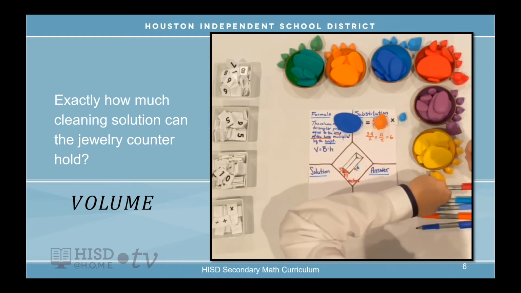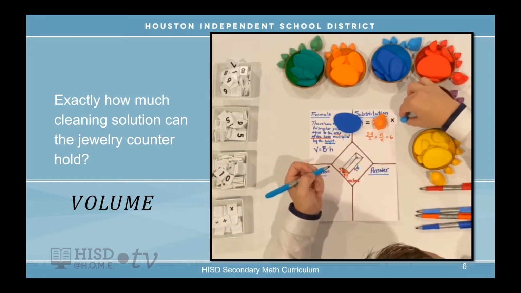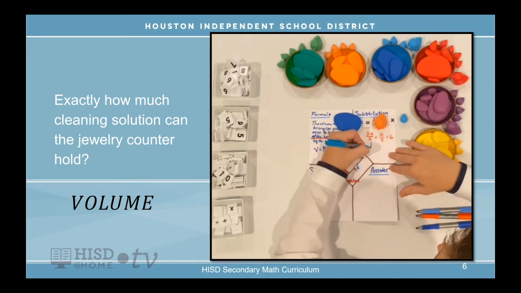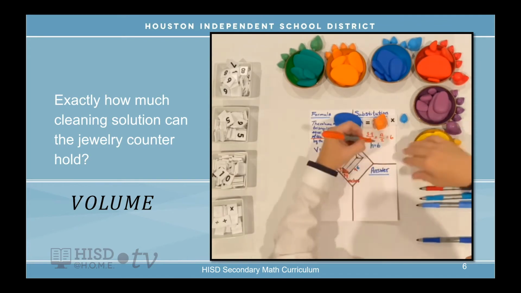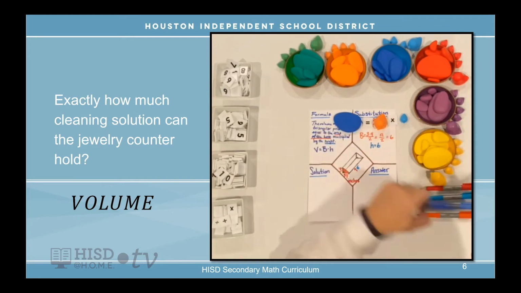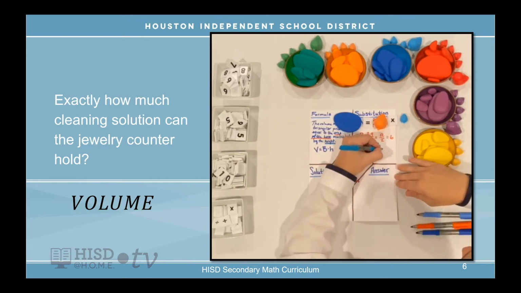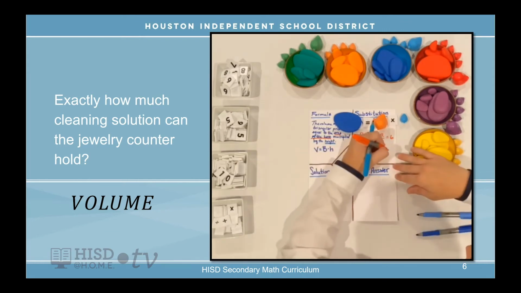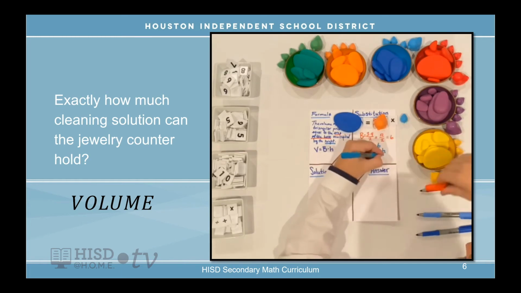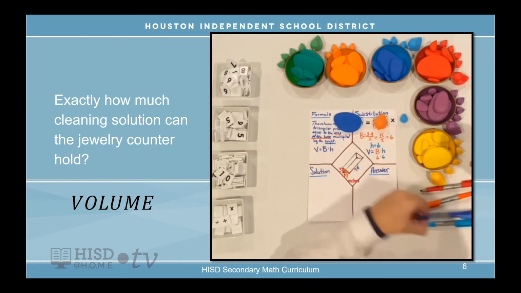The last step you want to take is noting that you're going to multiply by your height, which is also 6. So if your volume is base times height, you're going to write volume equals 6 times 6, which is 36.